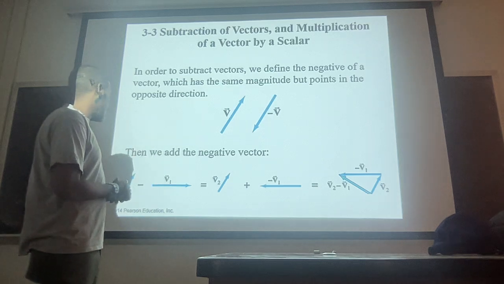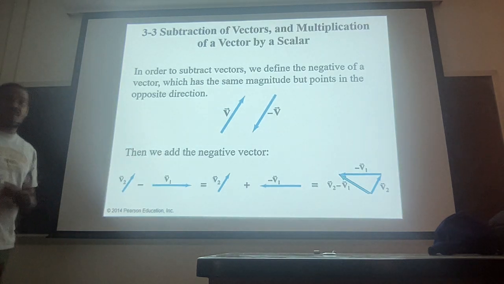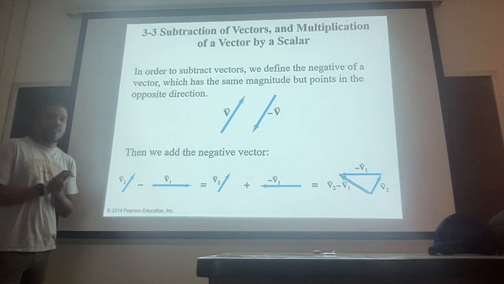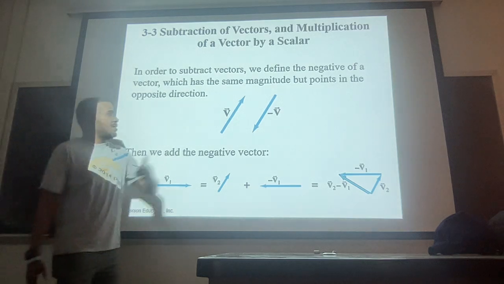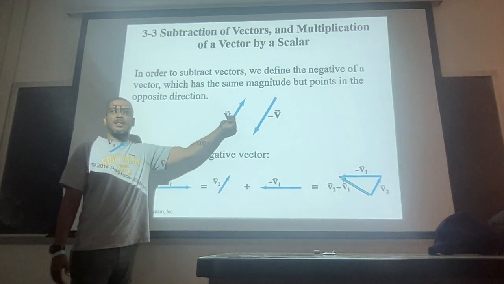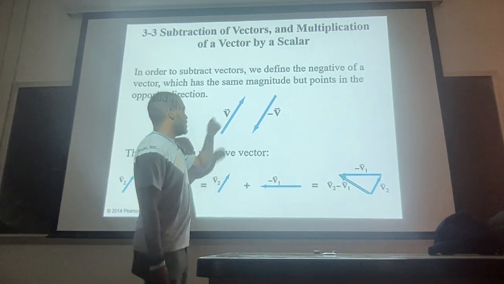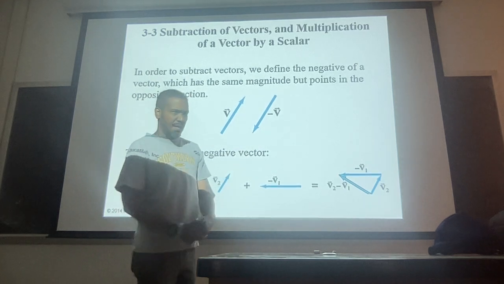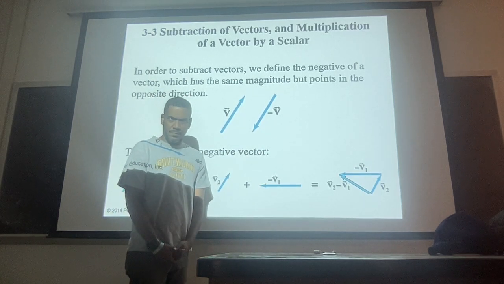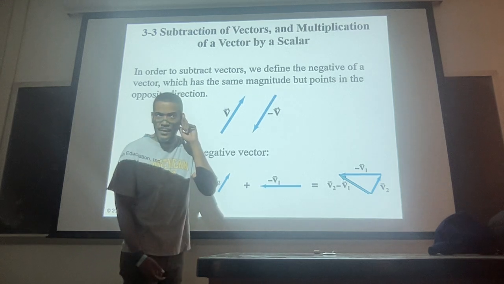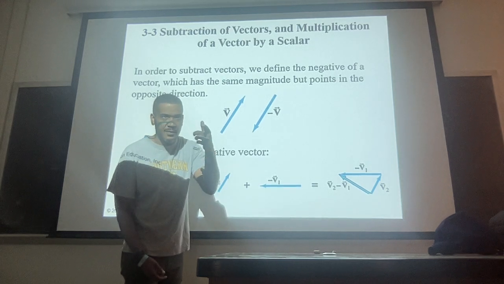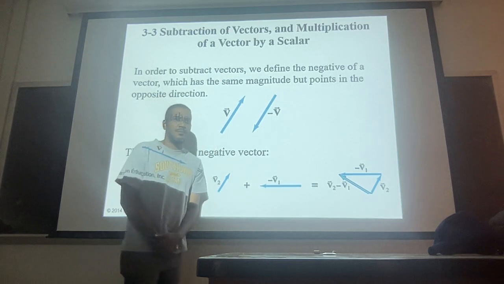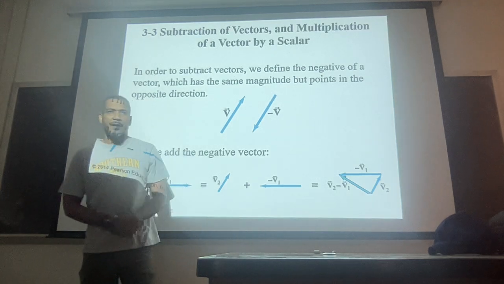like I said, we're going to be doing a whole different type of mathematics, right? But not anything that doesn't make sense, right? Obviously, if this is vector V, then if I say, let's multiply it times a -1, what does that do to the vector? It flips it. Makes it point in the opposite direction.